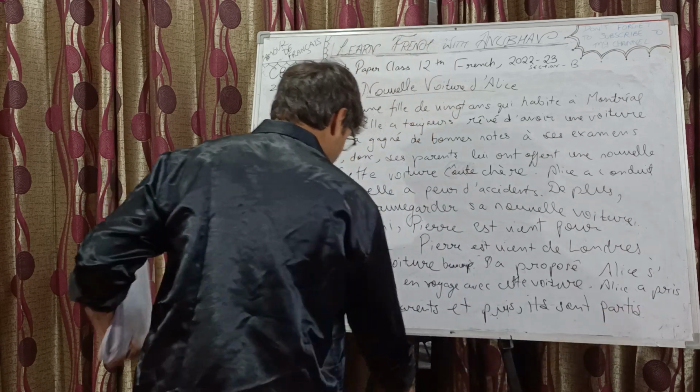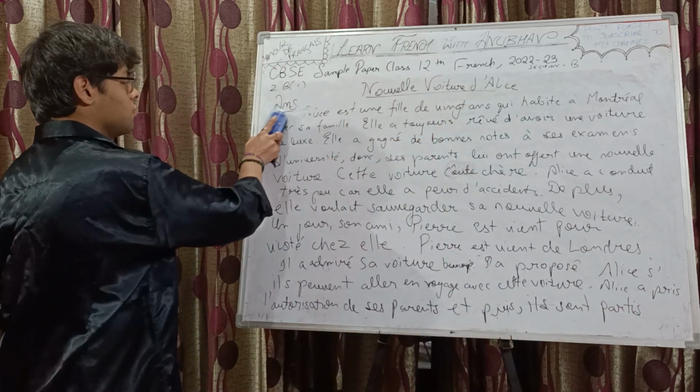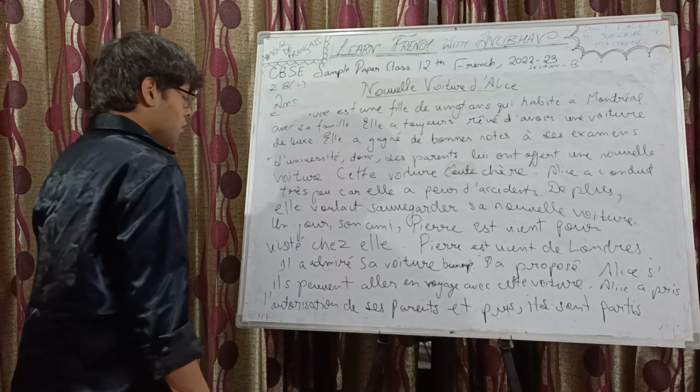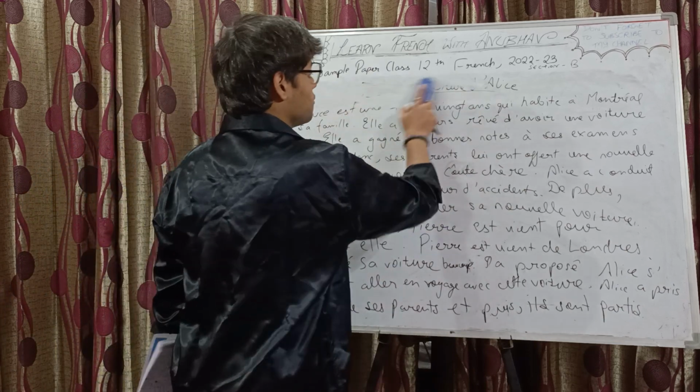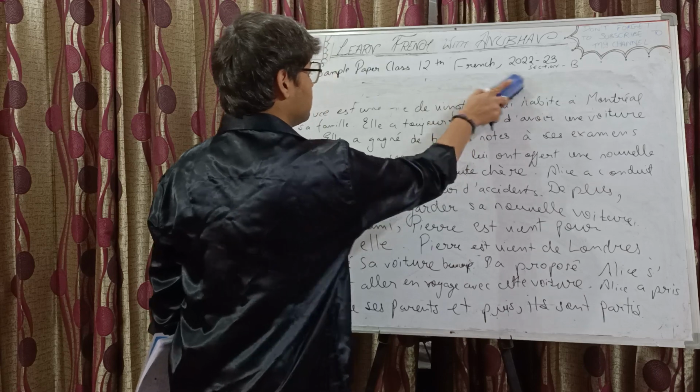So she took the permission of her parents and then they left. I feel I can rub the heading as well because it's taking a lot of space and I can accommodate easily one sentence here.